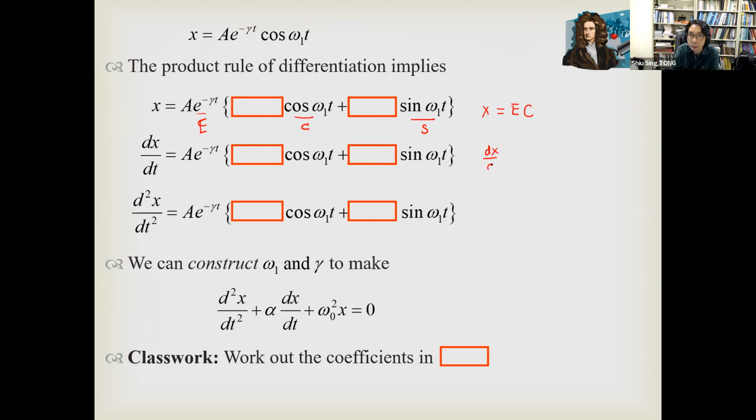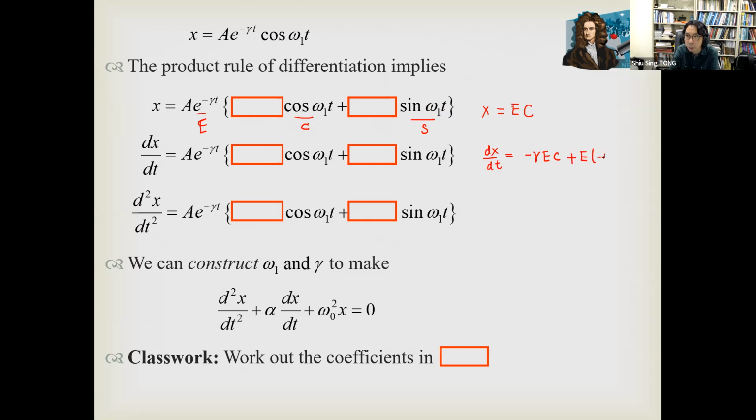So what is dx/dt? I differentiate the E first, and by the chain rule, I get a factor of minus gamma. So I have minus gamma E. The exponential factor doesn't change, except now I get an extra factor of minus gamma. How about the C? When I differentiate the cosine, it becomes minus sine, and I have an additional factor of omega 1 coming out.